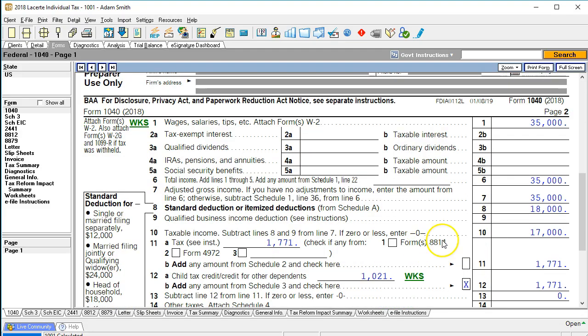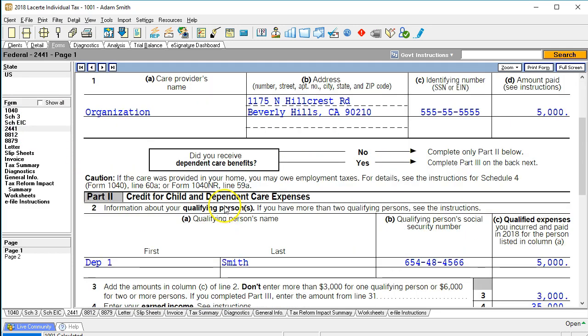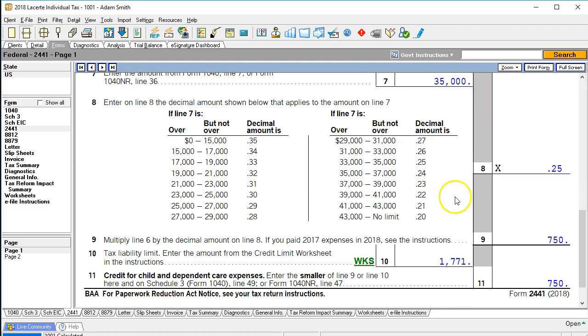In our example, we had the 35,000 on line 7, adjusted gross income. If we go back to our Form 2441, we see what the software does for us, we're picking up the 25% because the 33,000 to the 35,000 is where we landed.